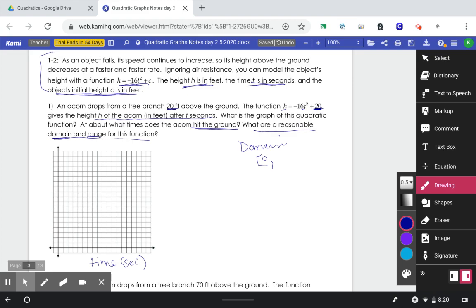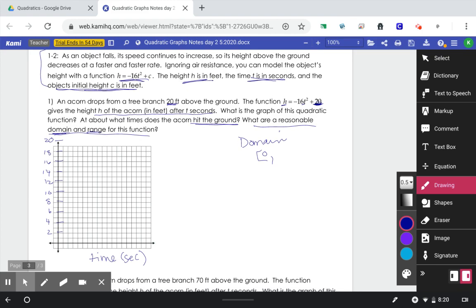So let's see, I'm going to go by 2's. And this is going to be height in feet.